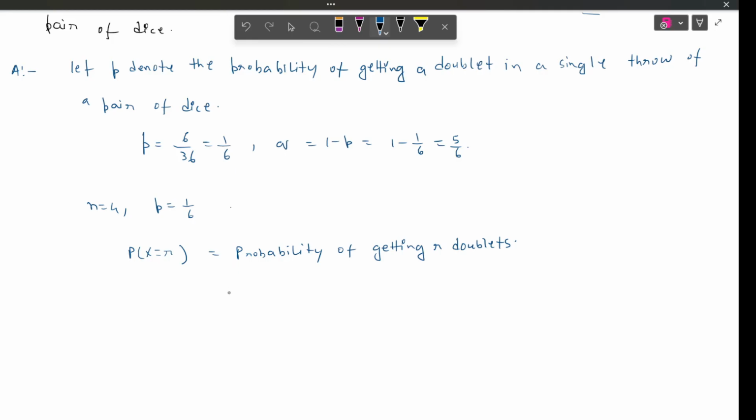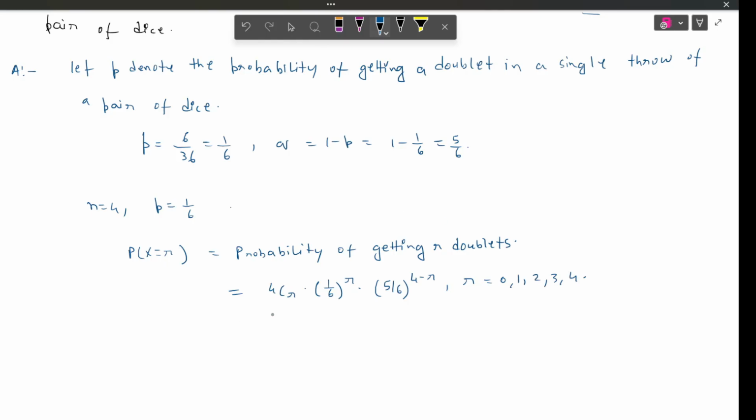Okay, so you know the formula: 4CR, 1 by 6, that is P to the power R, and 5 by 6 to the power 4 minus R, and we know R is 0, 1, 2, 3 and 4.